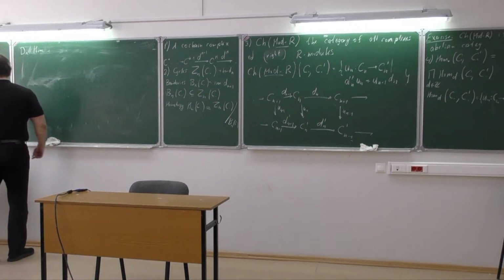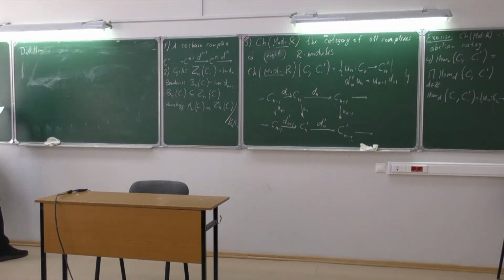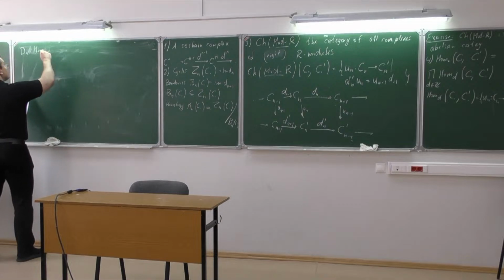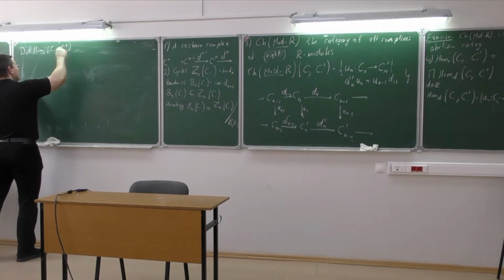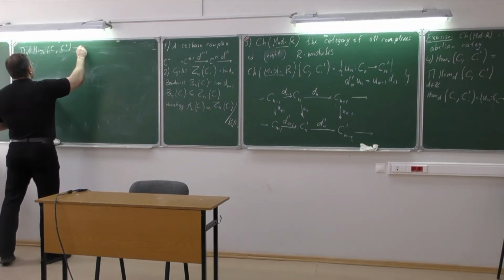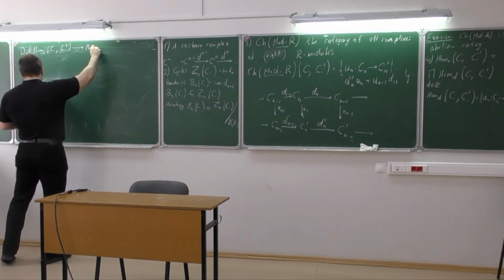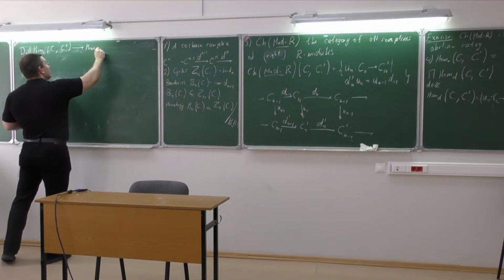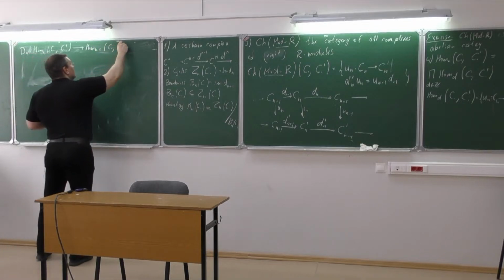Okay, so the differential on this graded abelian group. So d_n will be from Hom^n of some complexes C and C prime to Hom^(n-1)(C, C prime).